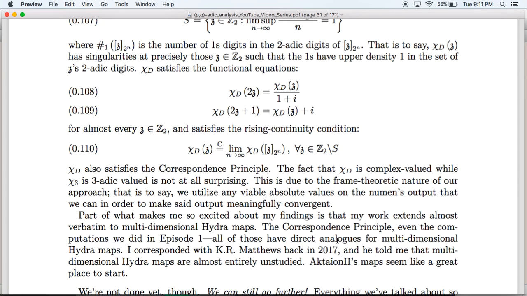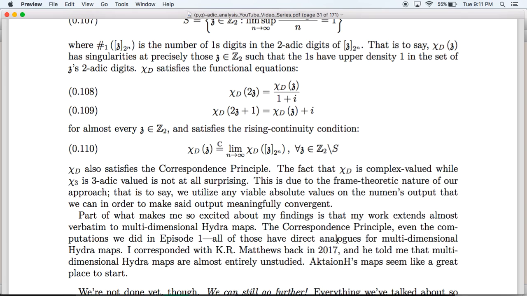Part of what makes me so excited about my findings is that my work extends, as I said, almost verbatim to the multidimensional case, and the correspondence principle, even the computations we did in episode 1, all of them have direct analogs in the multidimensional case. I corresponded with K.R. Matthews back in 2017, and he told me that the multidimensional Hydra maps are basically entirely unstudied. The only studies of them that have been done are Lagarias's study and the one in Matthews' notes.